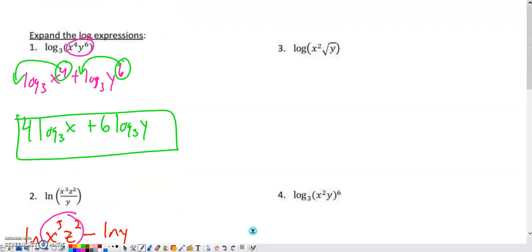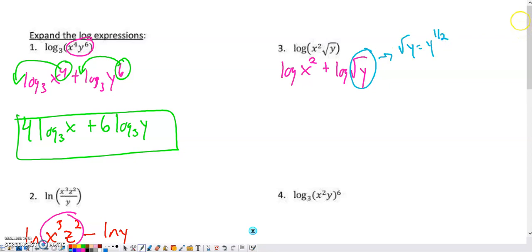Back over to number 3, we have log of x squared times the square root of y. There are no quotients in this example, so we skip step number 1 and go to step number 2, which is expanding products. This square root of y can be rewritten as y to the 1/2 power.